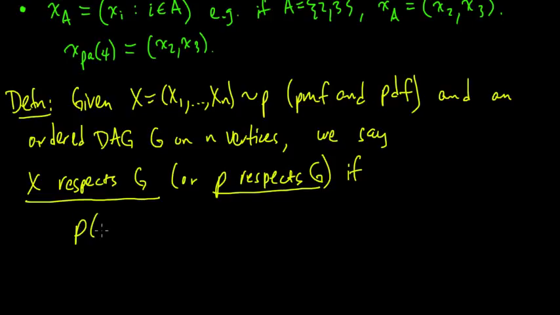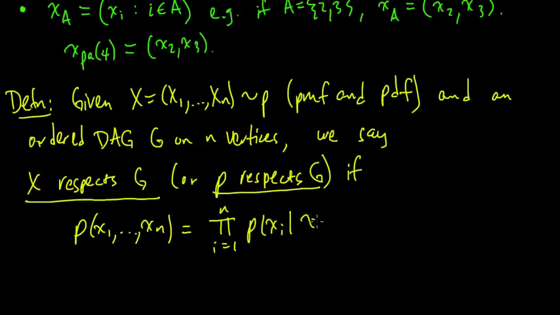Let me put it down here in case I run out of room. The joint distribution equals the product, as i goes from 1 to n, of the probability of xi given the values of its parents.